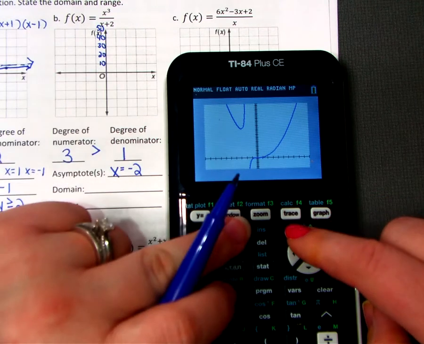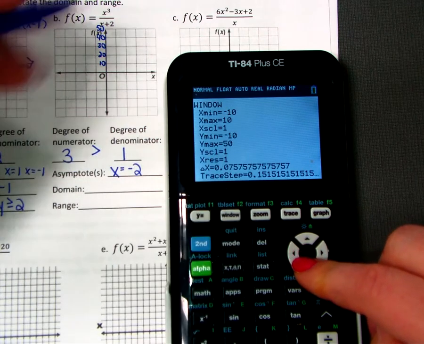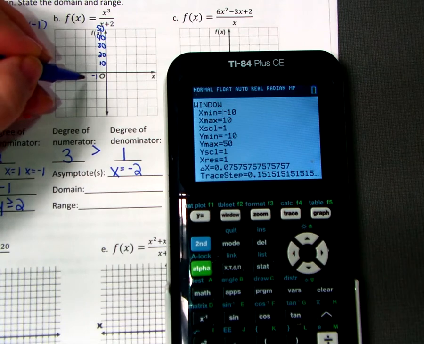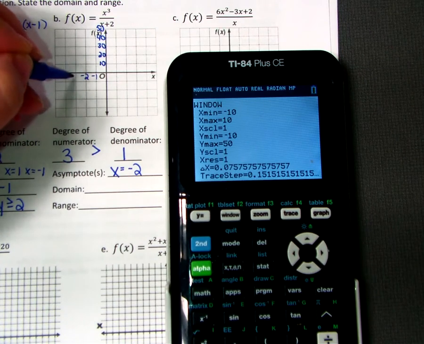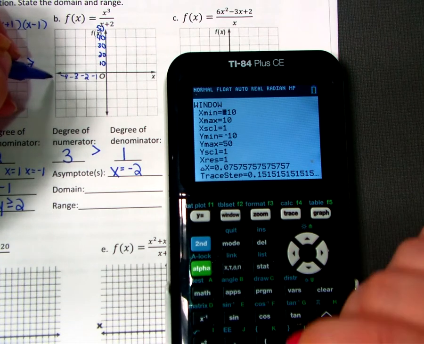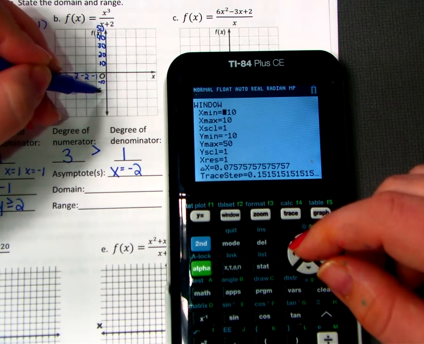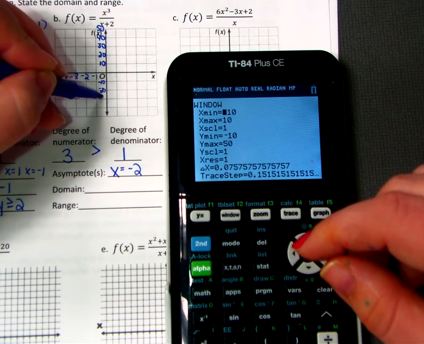Here's a little expert tip for you. If you set the scale on the graph paper to be the same scale as your calculator, you'll get a really good picture of what your paper should look like.